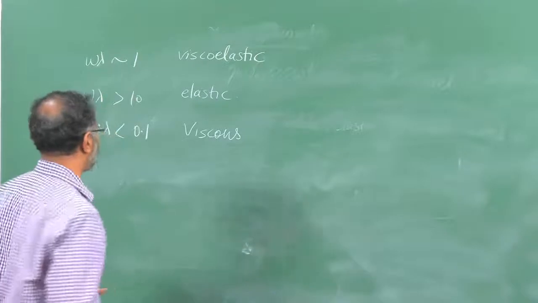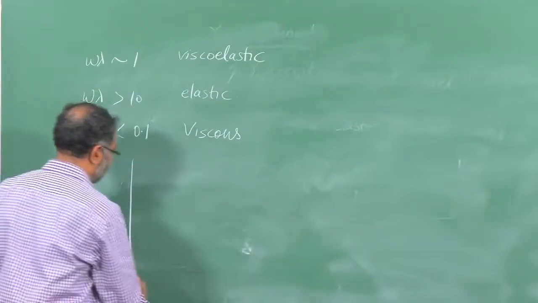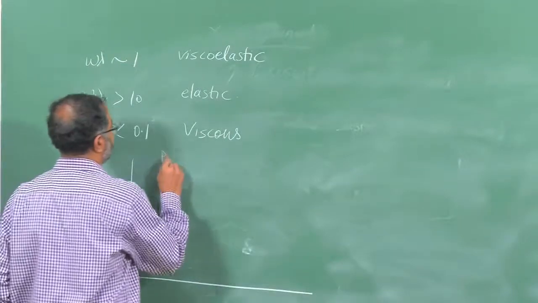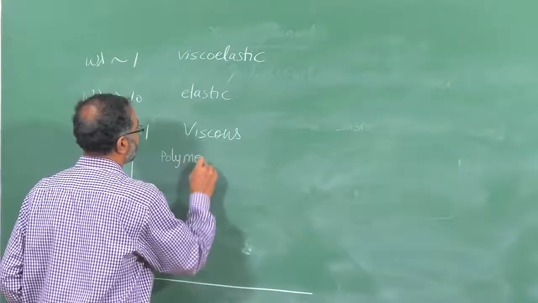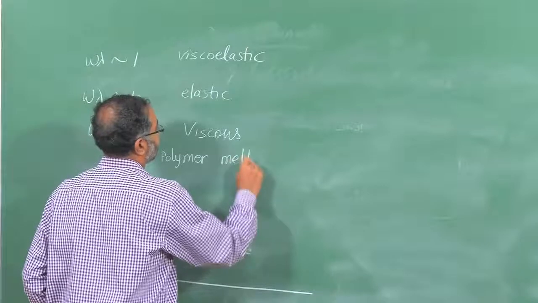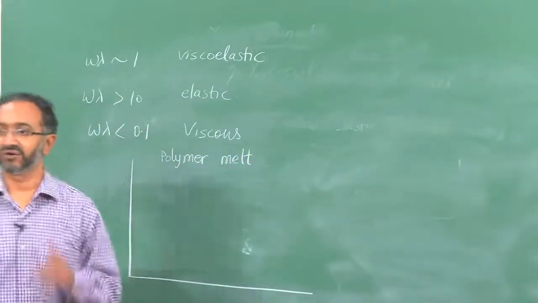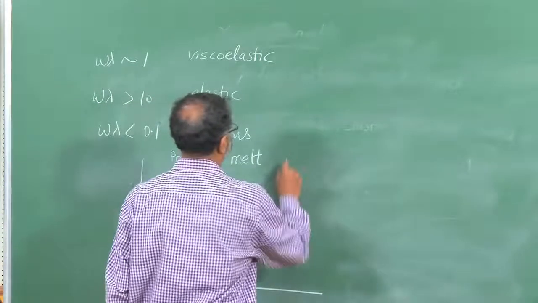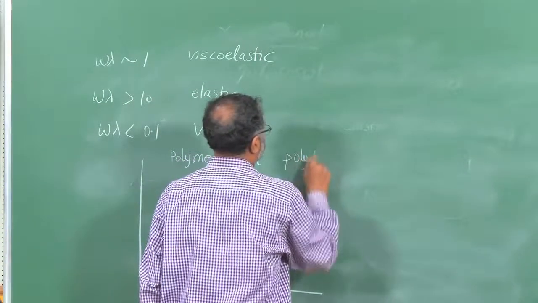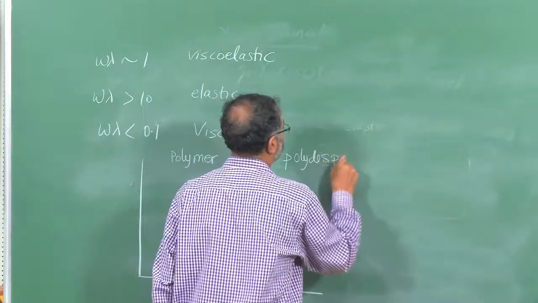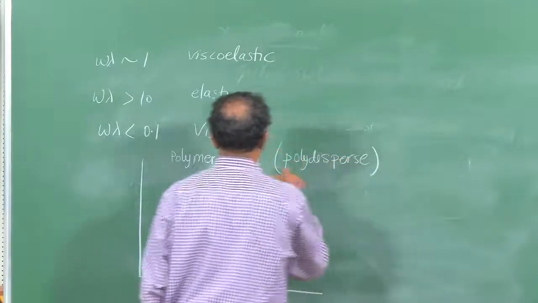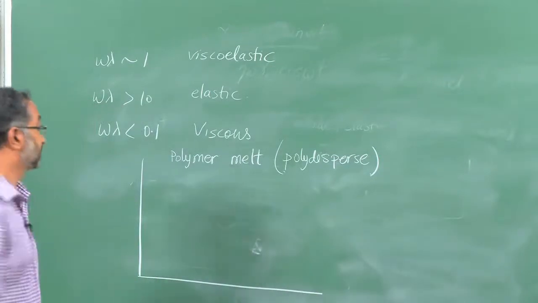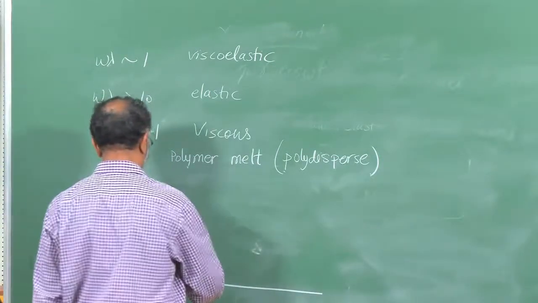So, for example, if you look at a commercially available polymer melt, which means a molecular weight distribution is there in the material, not all molecules are of the same molecular weight. So, if you have a polydisperse material, which means different molecular weights of the molecules, and then I measure its G prime and G double prime, this is what generally is seen.